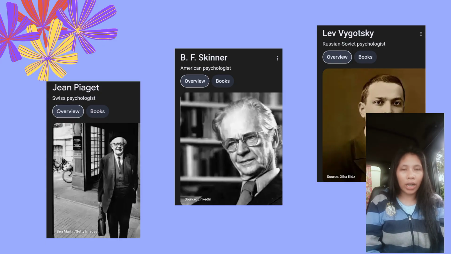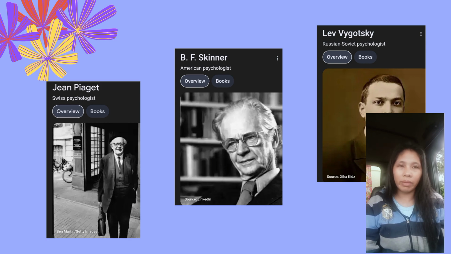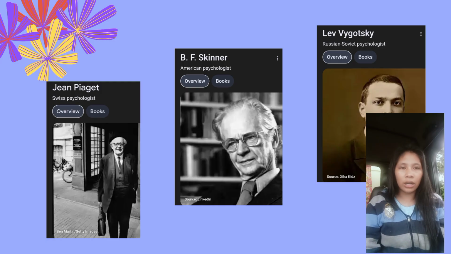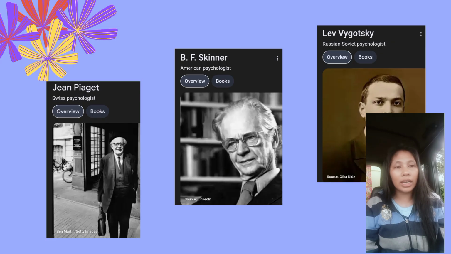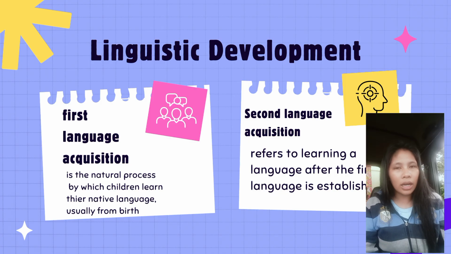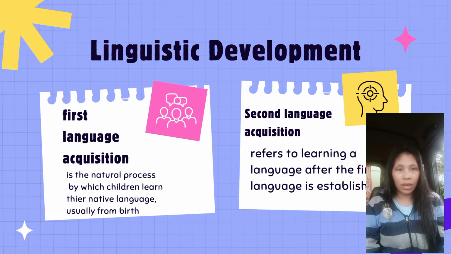If the child is going through an environment that has a different language, then that child will probably learn the second language. For example, a new English language learner in a classroom who is primarily listening to the teacher and other students. The child in this situation is just silent but observing.